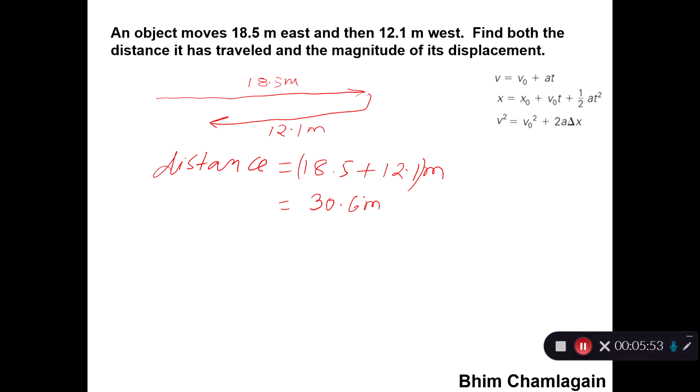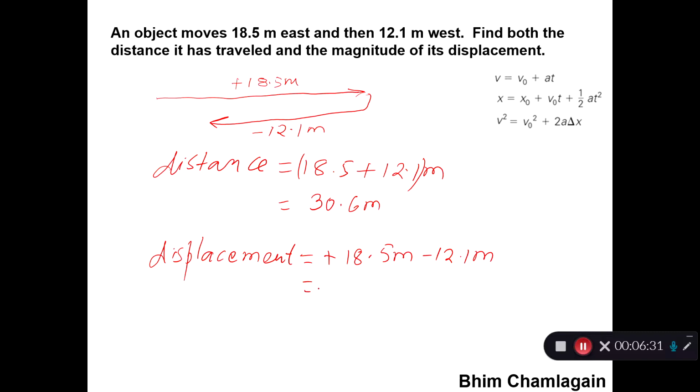On the other hand, if you want to calculate displacement, you have to assign its direction. This is east direction, which is positive, and this is west direction, which is negative, because displacement is a vector quantity. So displacement is the sum of two values with their sign: plus 18.5 meter minus 12.1 meter.